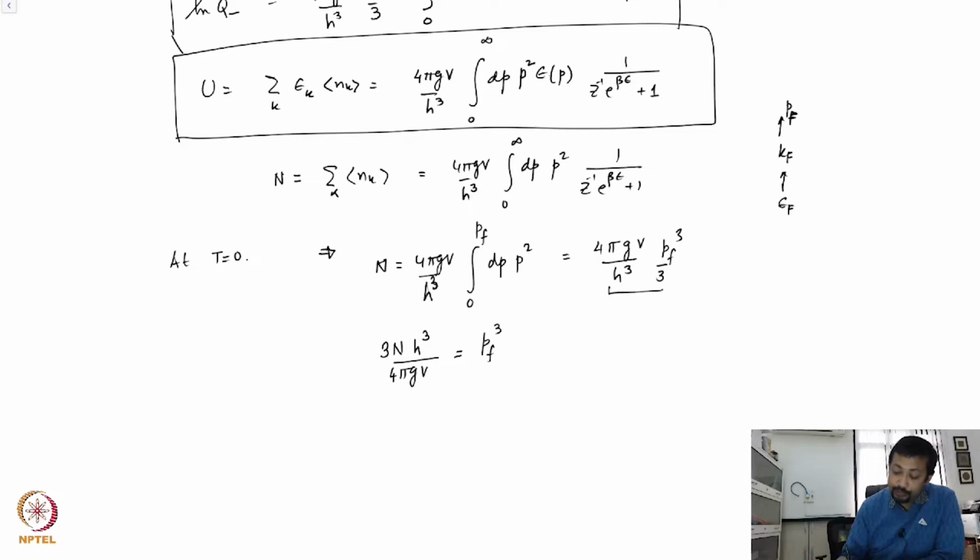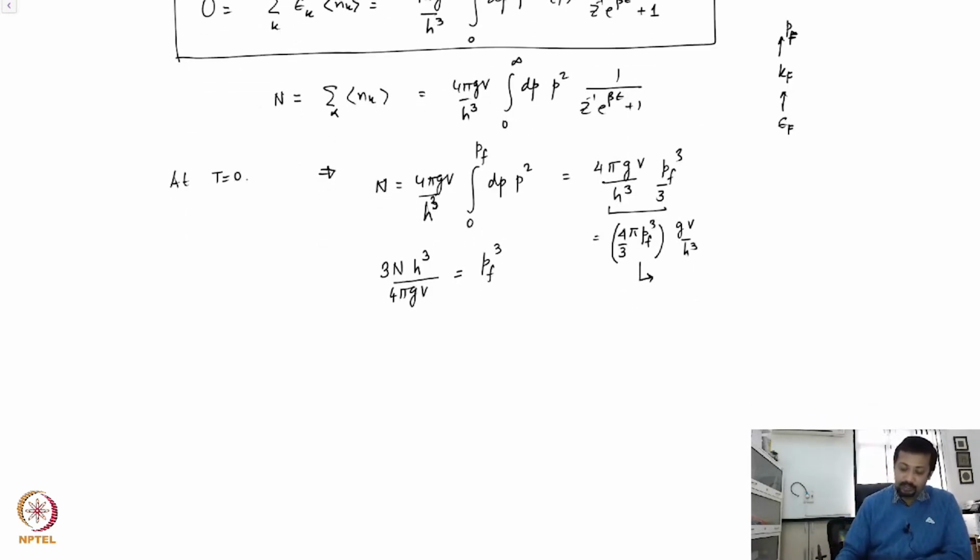If you look at this expression, you see I can take some things out: 4 by 3 pi pf cube gv over h cube. So this is the volume of a sphere of radius pf. And this essentially gives you the Fermi momentum pf.